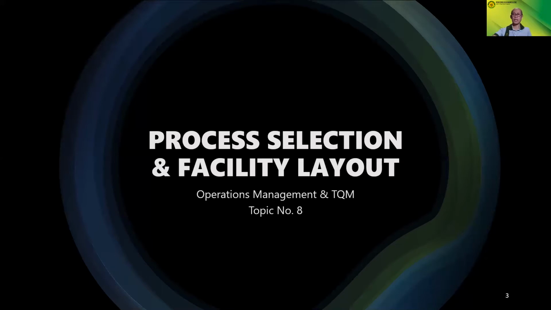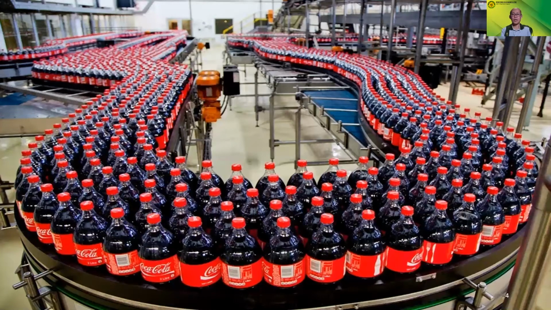At this point, I hope you have already seen the video about how soft drinks are produced. As you can see, the process is so complicated from the bottle molding process up to the final packaging of the soft drinks. Perhaps it cost millions of dollars to set up that state-of-the-art system consisting of several sub-processes, machineries, and equipment.